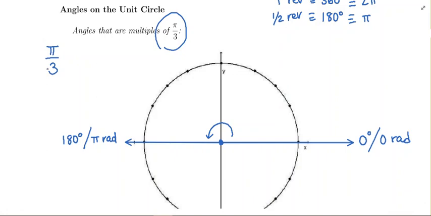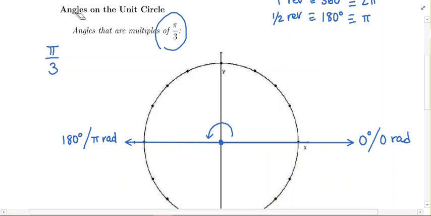Let me repeat that. The top half of the circle consists of 180 degrees or pi radians. Since we're looking at multiples of pi over 3, we're taking that top half of the circle and breaking it into 3 equal pieces.